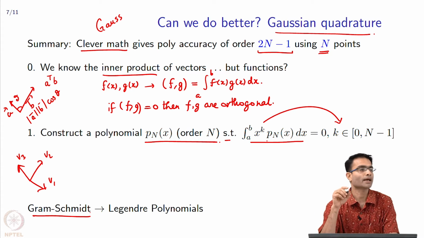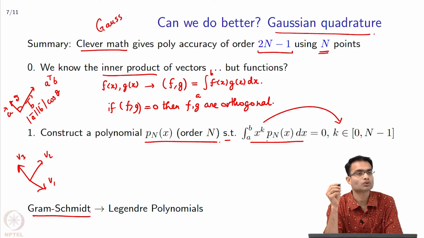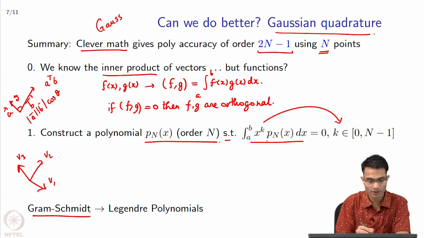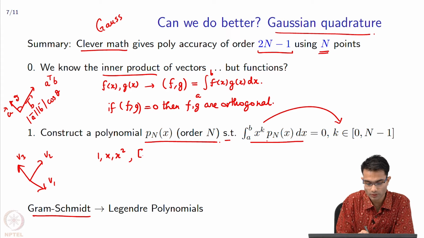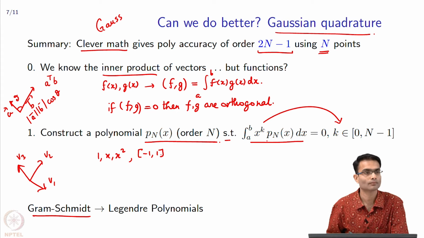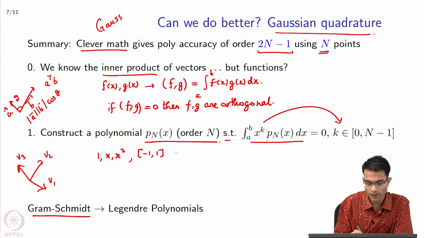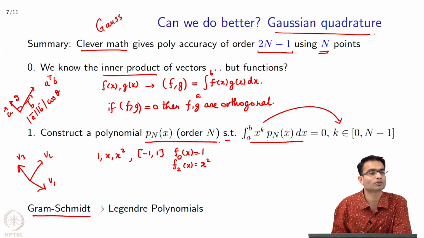This same process I can apply to functions, because the concept of dot product or orthogonality holds true for functions also. So I can start with 1, x, x squared, x cube, all of these. Supposing I take 1, x, x squared, and I give you the interval of -1 to 1. Say the function f0 of x is equal to 1 and f2 of x is equal to x square. Are these two orthogonal to each other?